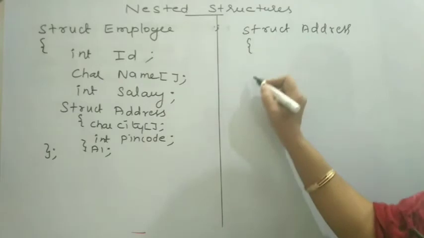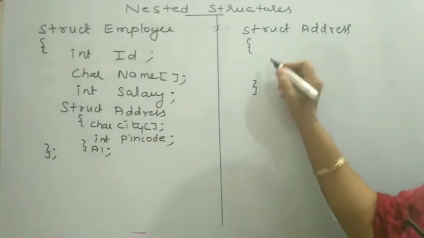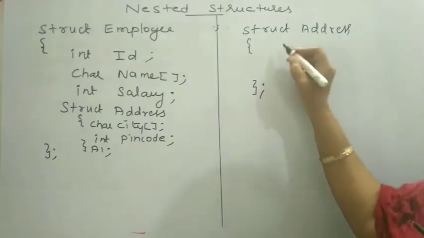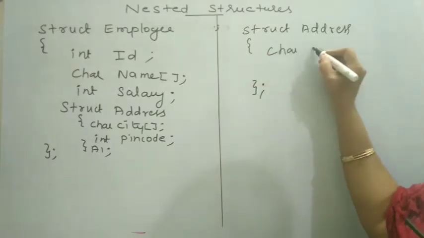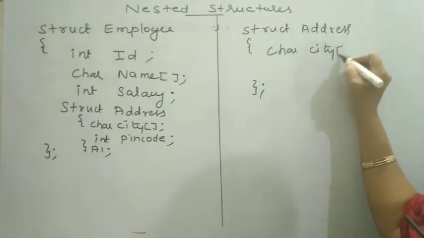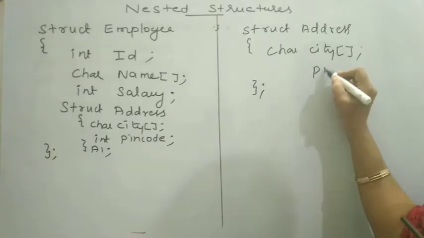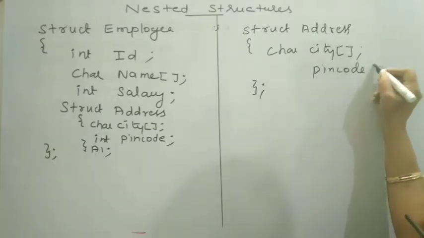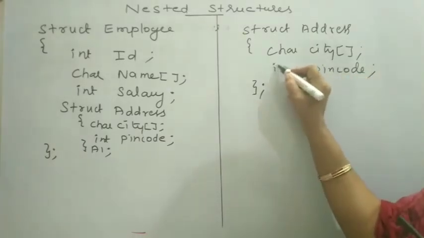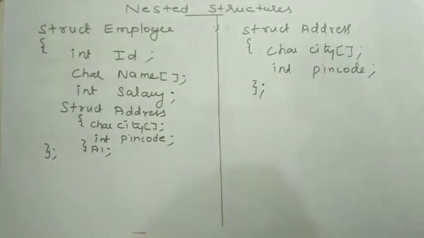This structure contains two data members. The structure definition ends with this semicolon. One is my character array, that is city. The other one is pin code. City and pin code are data members defined inside this structure, that is address.